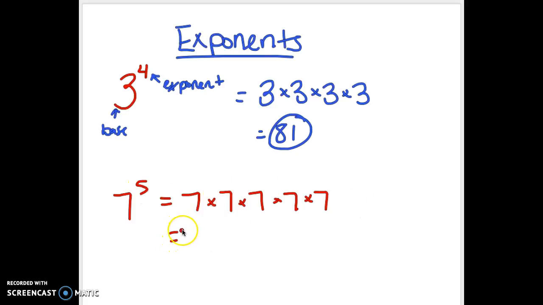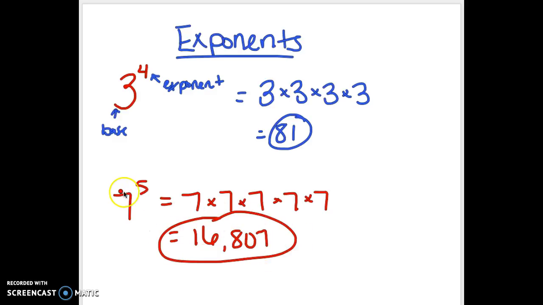Okay, and then you'll end up getting a really big number for this one. 16,807. So notice it is not 7 times 5. Okay, very different. That would be 7 plus 7 plus 7 plus 7 plus 7. And exponents make it repeated multiplication. So it's a very common mistake that's made with exponents.